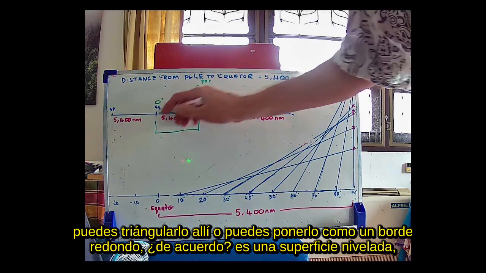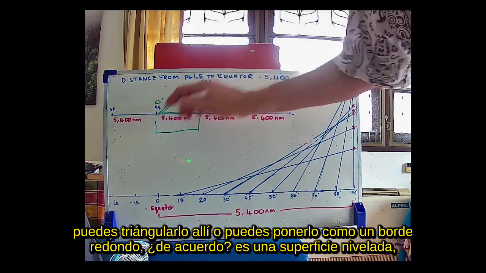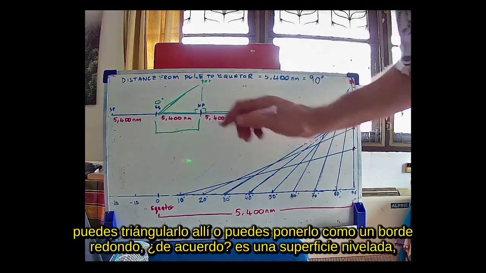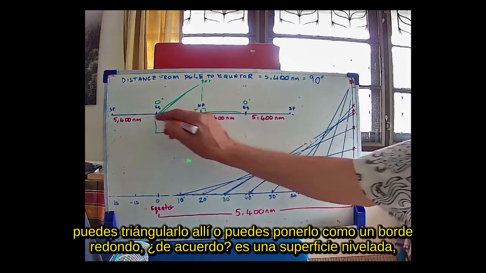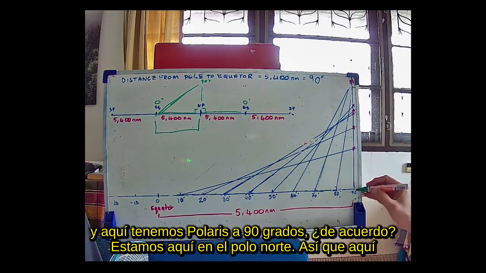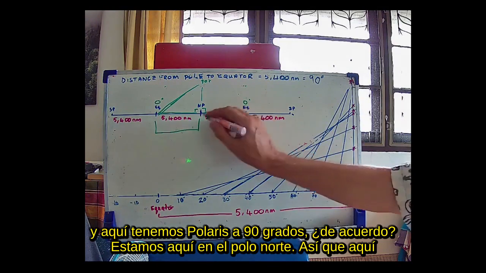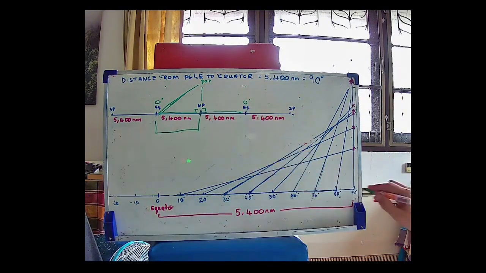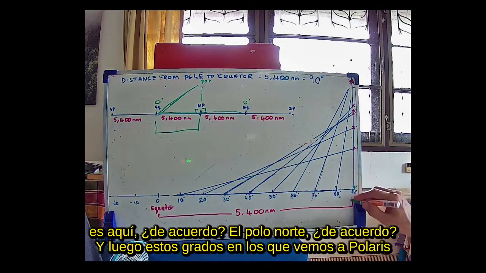You can put a triangle there, or you can put it as a round edge there. It's a level surface. And so here we have Polaris at 90 degrees. We are here at the North Pole, so here is here. The North Pole, all right?